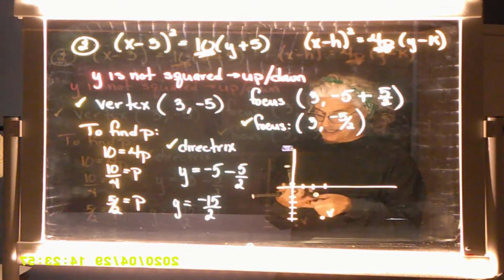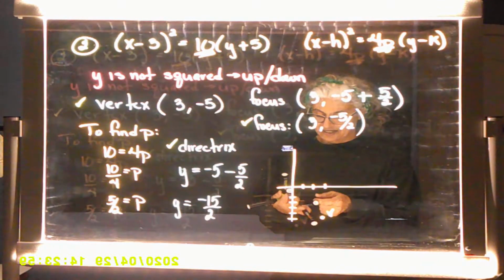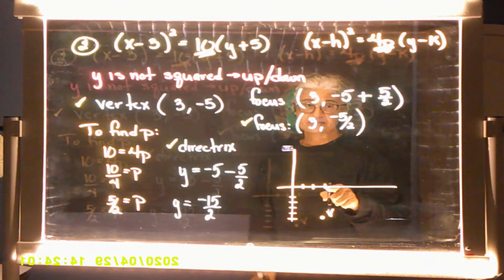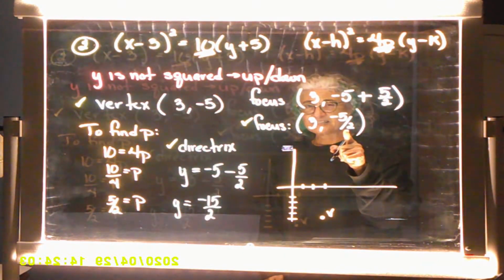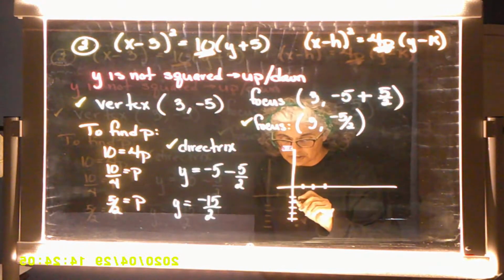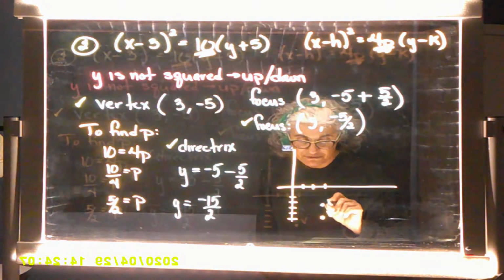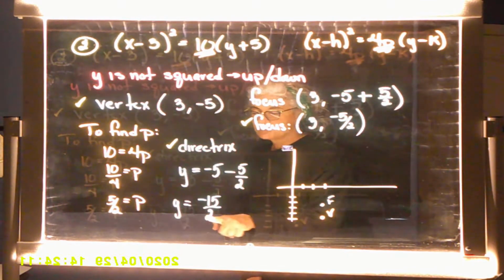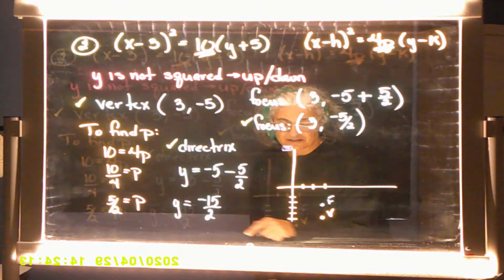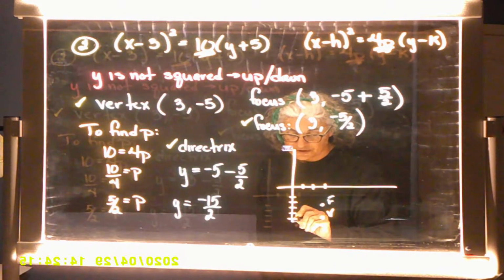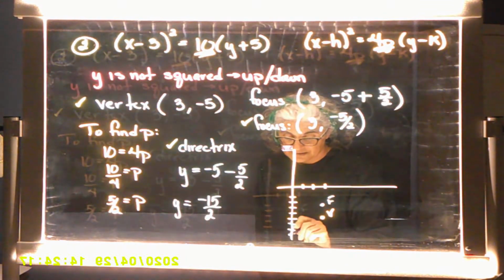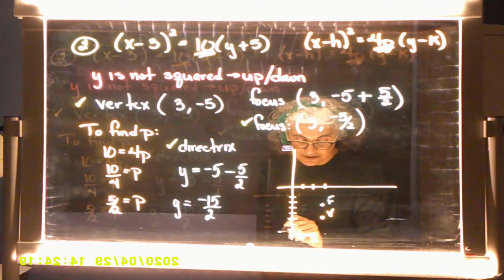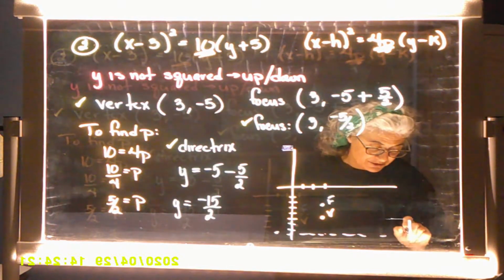Focus is at positive 3. And that's a negative 2.5, isn't it? So right about there is my focus. And my directrix is y equals, what is that? Like negative 7.5? So this looks like my directrix.